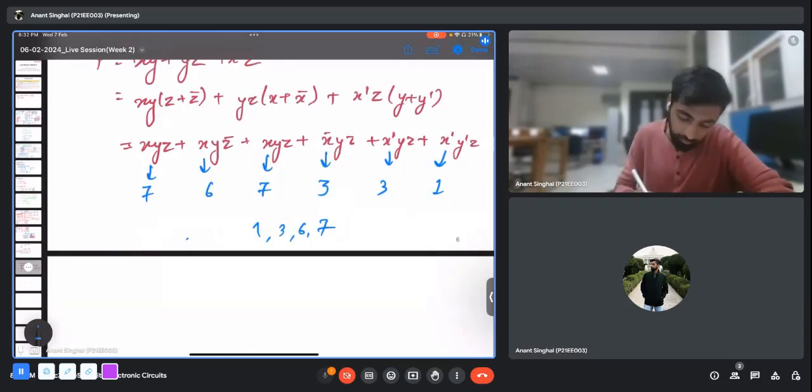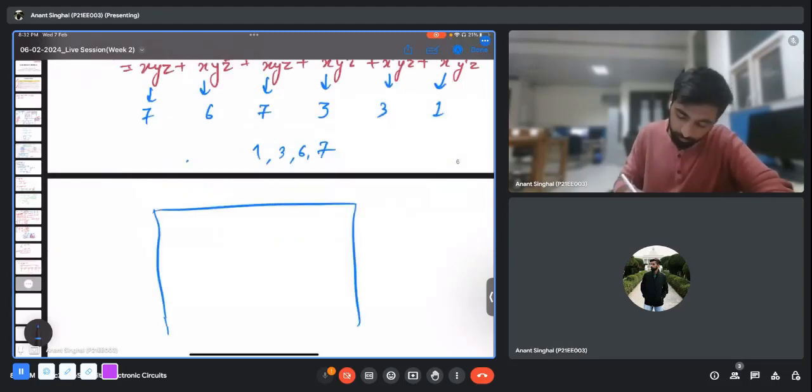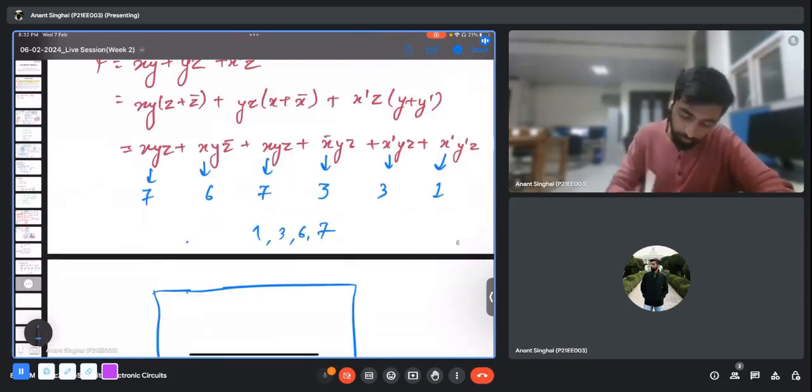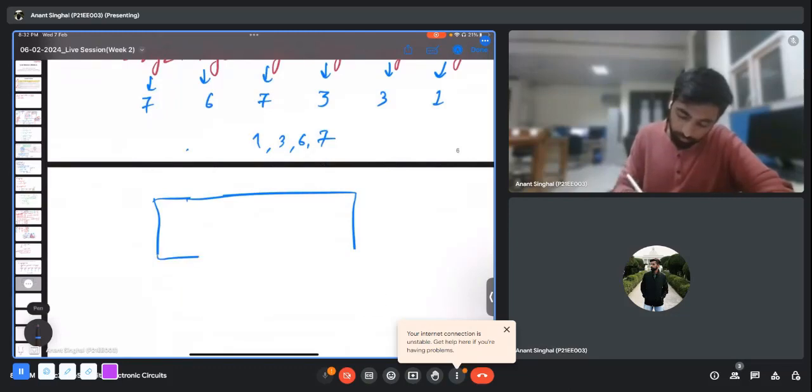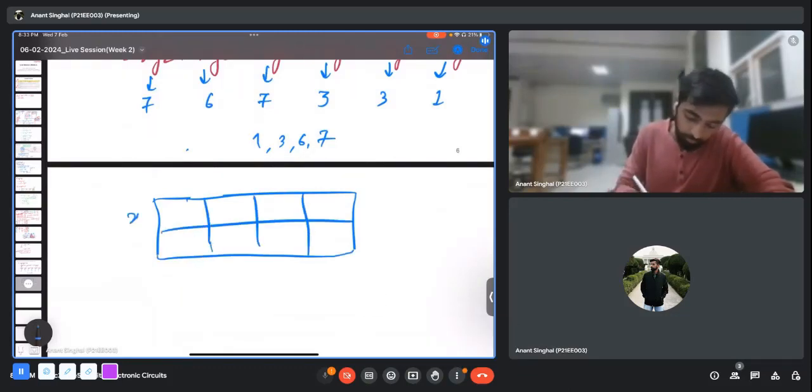So let's do the same. Again, we have 3 variables, so I need to make a 2 cross 4 k-map, with x complement and x, and y complement z complement, y complement z, yz, and then yz complement.